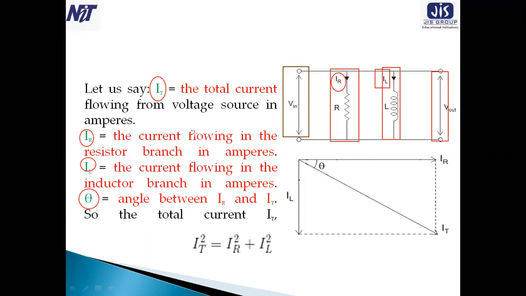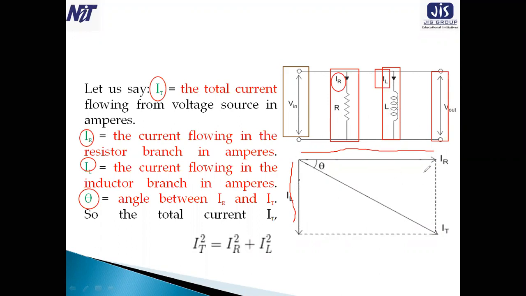So here we draw the same figure, where this is our IR, and this is IL, the current flowing through the inductor.